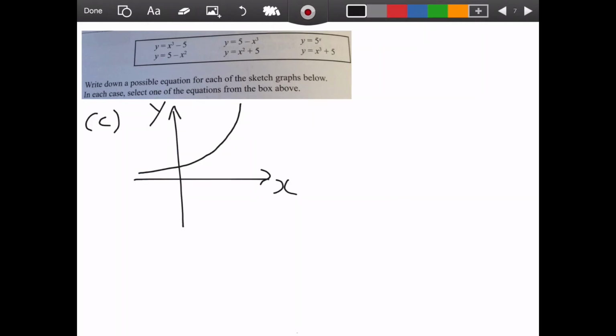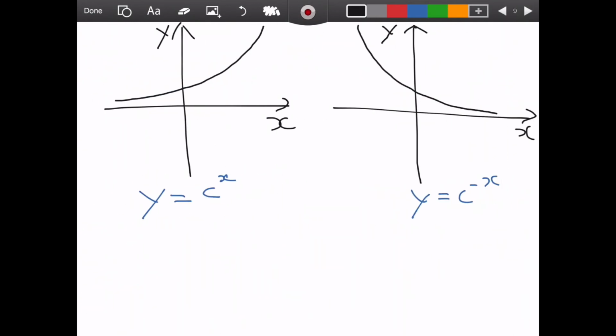Okay, for part C. So this is again a graph of another shape, right? So let's do a bit of revision again. Maybe you have learned this in school before. You can see that there are two types of graphs, right?